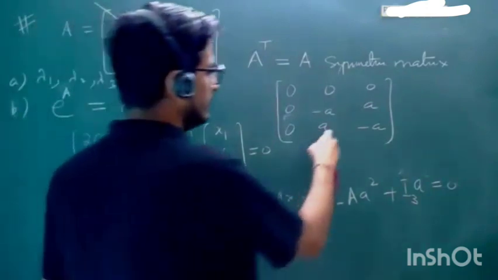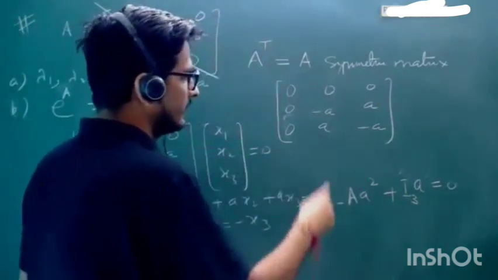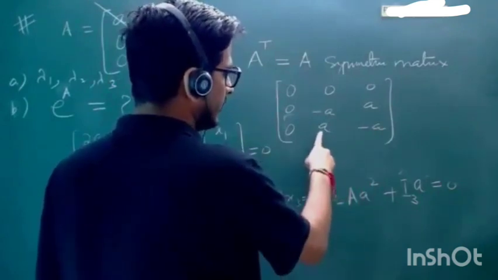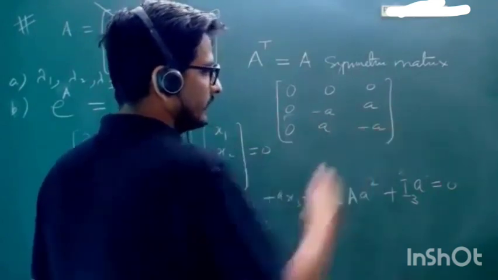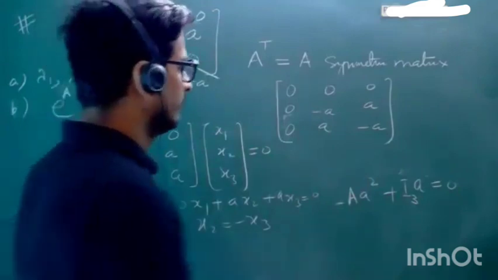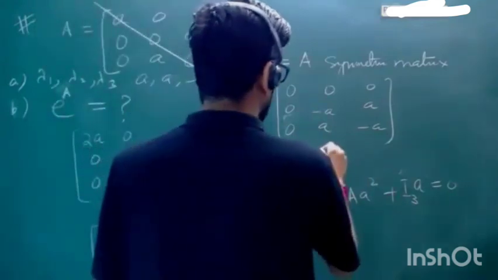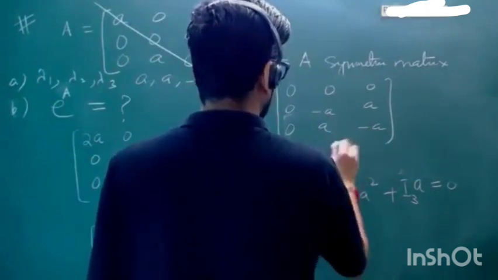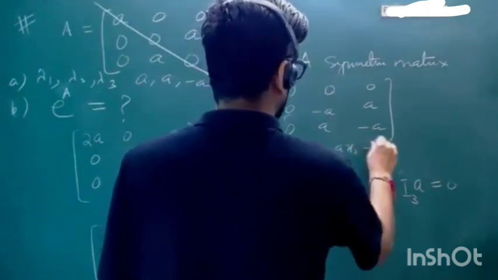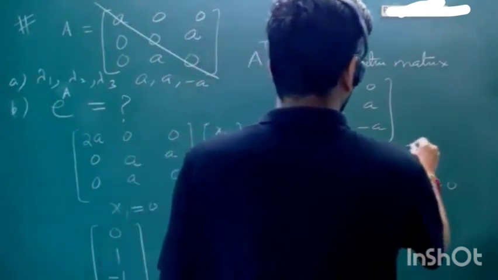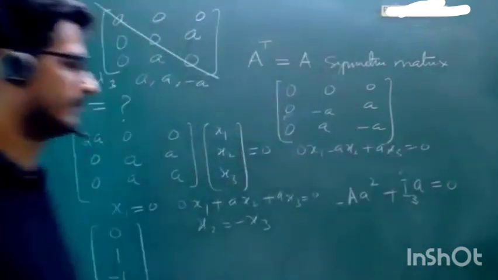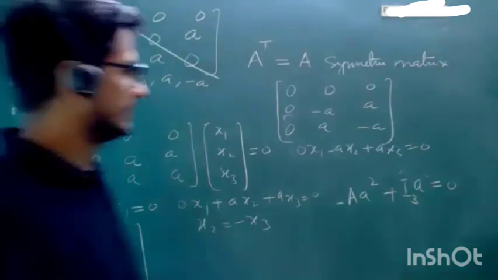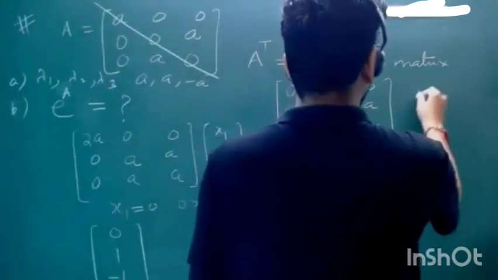So these two equations are the same, right? Because this will be gone. I can convert R3 to R3 plus R2. So this will also become 0 0 0. So only one equation is there: 0 x1 minus a x2 plus a x3 is equal to 0. Okay? Yes, sir. So it will become x2 is equal to x3.